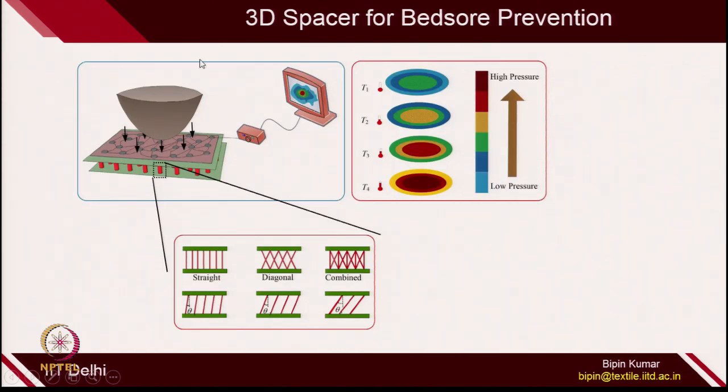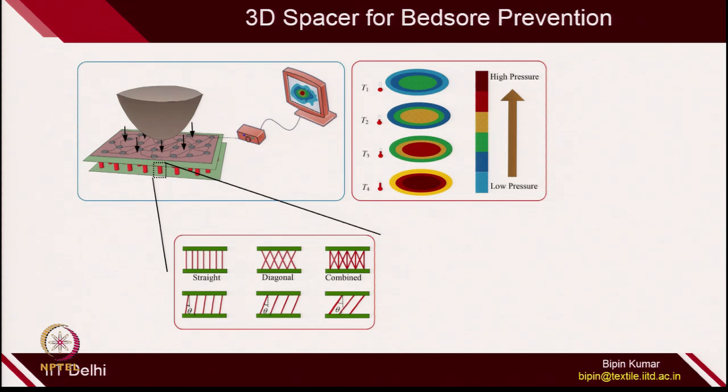When using 3D spacer fabric for bed sores, you can go for different lapping plans for the connecting guide bars, generate different types of spacer fabrics, and control the pressure.